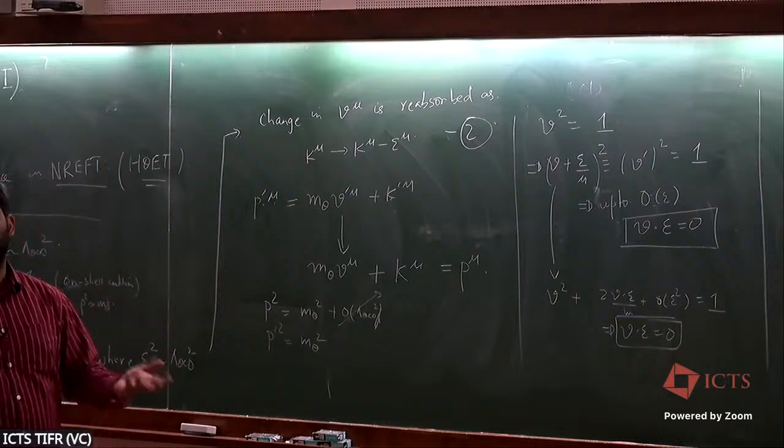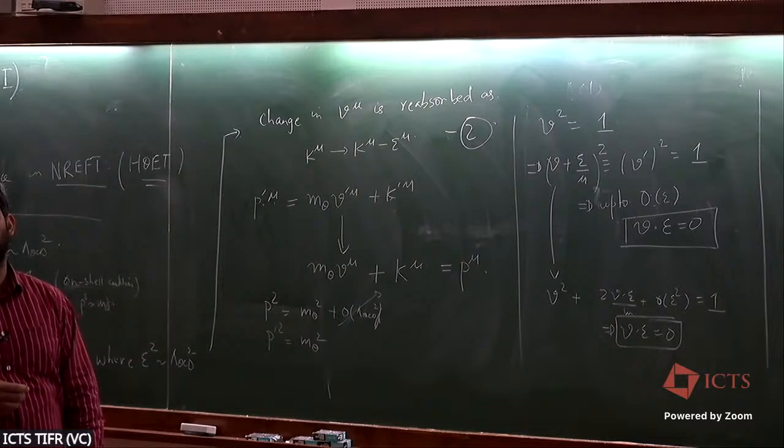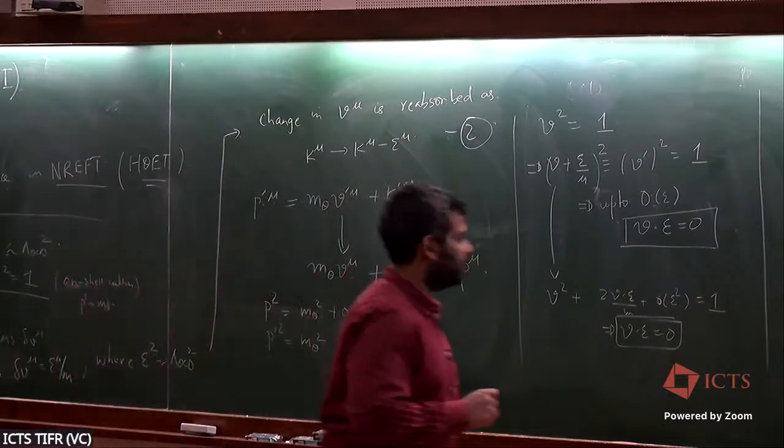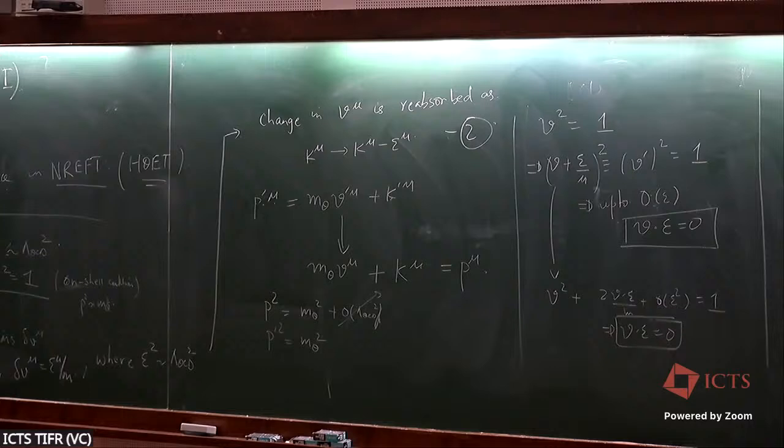I always want to have my heavy quark on-shell in any frame, whether I work in prime or any other frame. That condition has to be satisfied irrespective of the frame you work in, which means there has to be some constraint on V and epsilon. And as soon as you change V, you have to change the field.